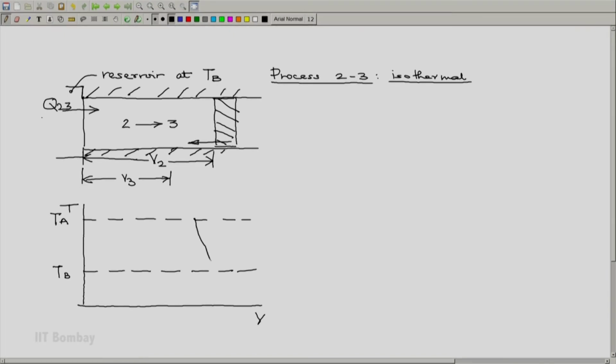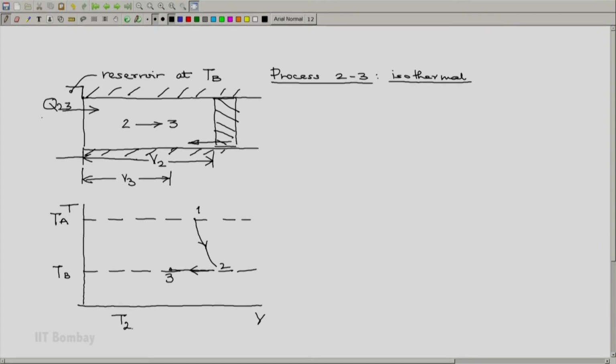Let us now check the TV diagram, the isotherm at TA, the isotherm at TB. This process 1 to 2, something which we have already seen. Now we execute an isothermal compression process from 2 to 3 like this. Since it is a heat rejection process, this is state 3, it is required that the temperature at 2 or 3, they are equal, this line 2 to 3 must be at a temperature slightly higher than TB.